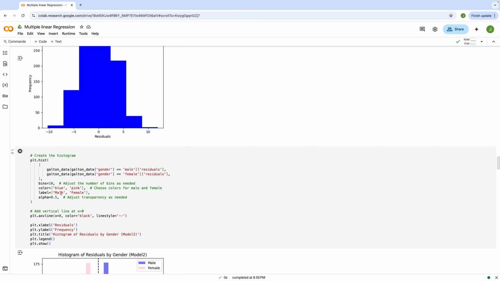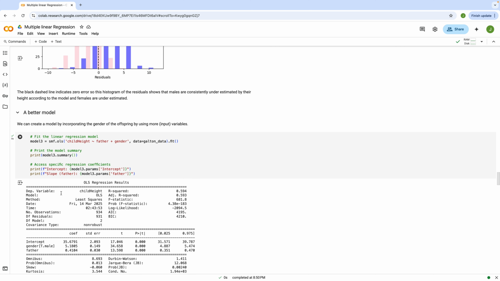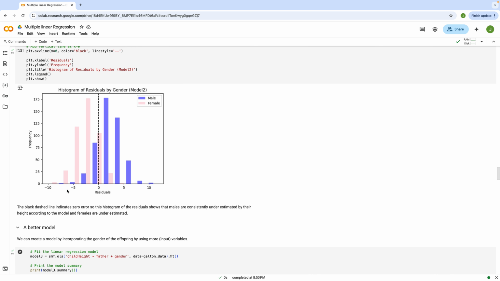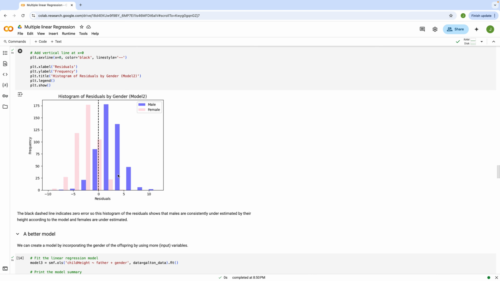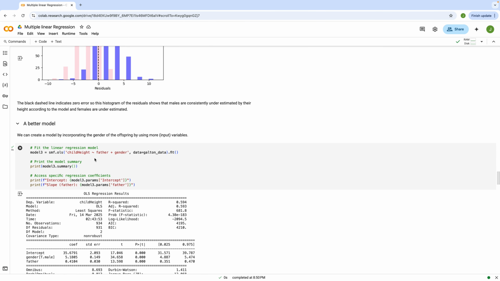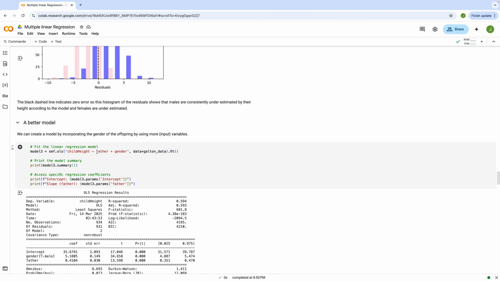So just using one input variable leads me to consistently underestimate sons and overestimate the height of daughters. Okay. So a better model would be to include father's height, but also the gender of the offspring.